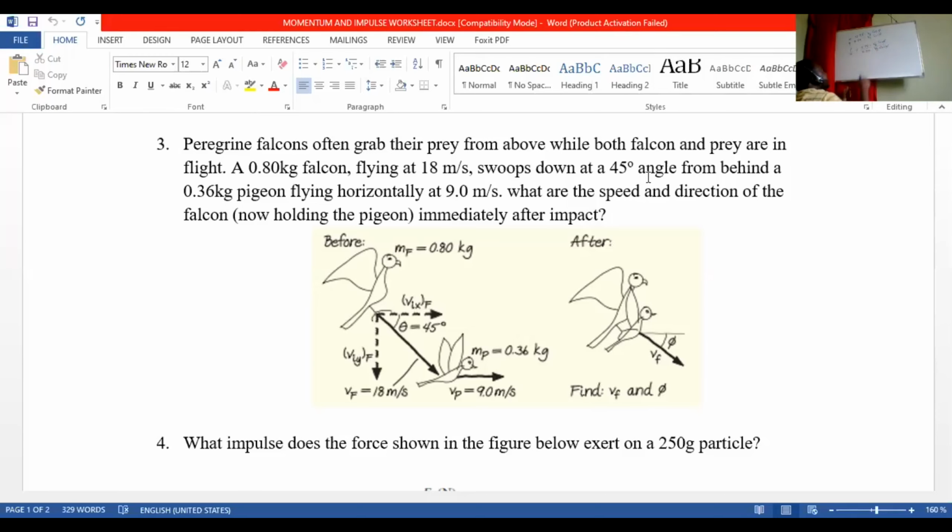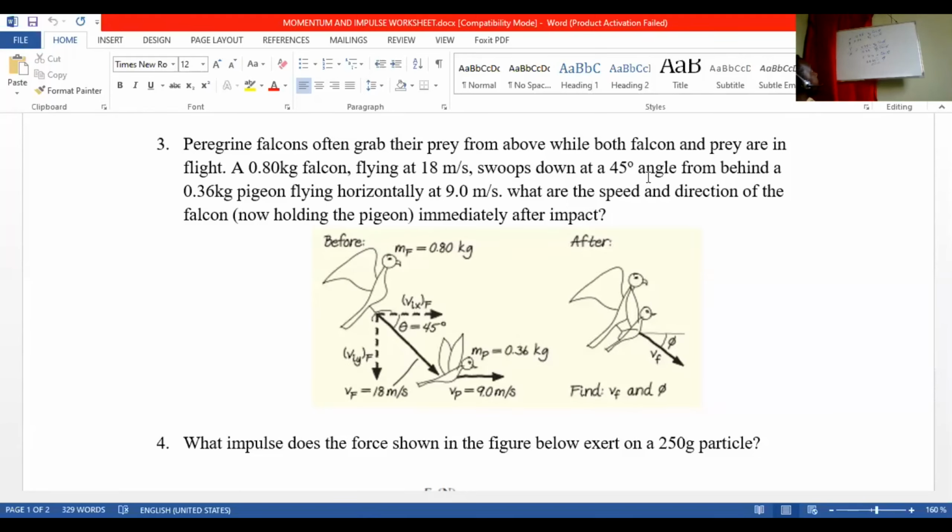VF cancels, and 8.78 divided by 12.26 gives us 0.716, which equals sine over cos, that is tan of the angle. So the angle is tan inverse of 0.716, which is 35.60 degrees. So that's our angle.